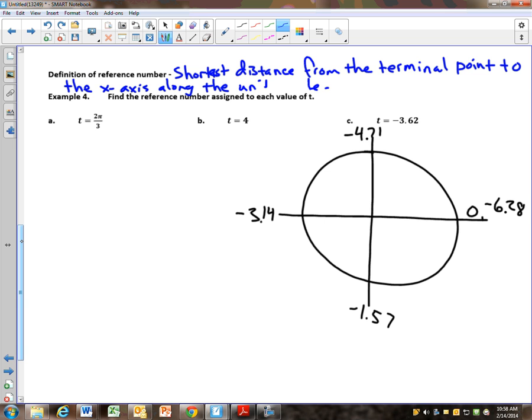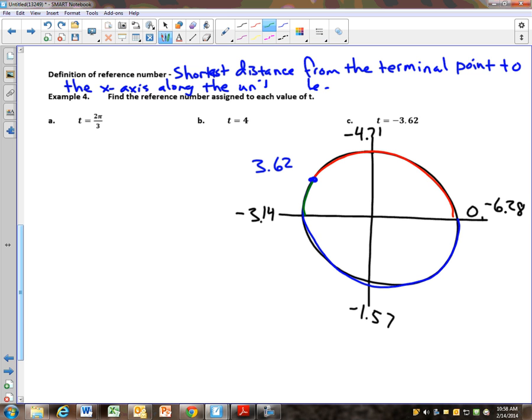So if you travel negative 3.62, which quadrant will that put you in? Second quadrant. So I start here, travel negative 3.14. I need to go a little bit more. Now, it says that I have a location of traveling negative 3.62. What's the actual distance I've traveled? I've traveled 3.62, okay? That's how far I've actually traveled to get there. Is the shortest distance the red, or is it the green? It's the green.